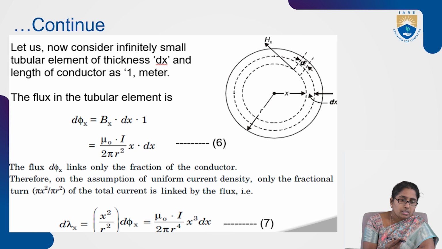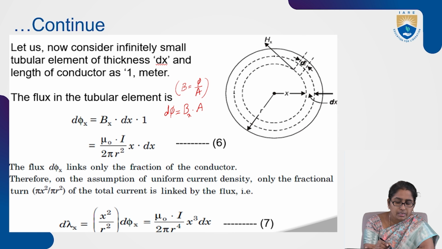Now the flux in the tubular element is given by, because already we have the Bx, d phi x is equal to Bx into A. This is a basic expression: B is equal to flux by area.